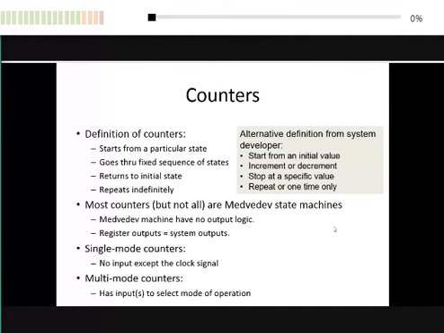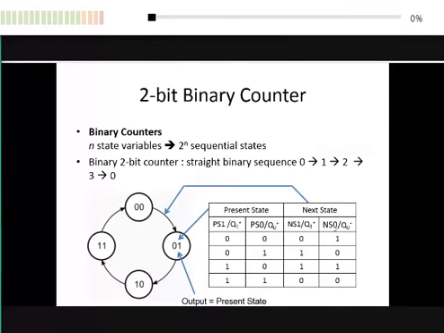All right. Let's see a simple 2-bit binary counter. Very, very simple, okay? You can look at the state diagram below, because it's just 2-bit, so 2 to the power of n, or 2 to the power of 2, you can only have a maximum of 4 states.